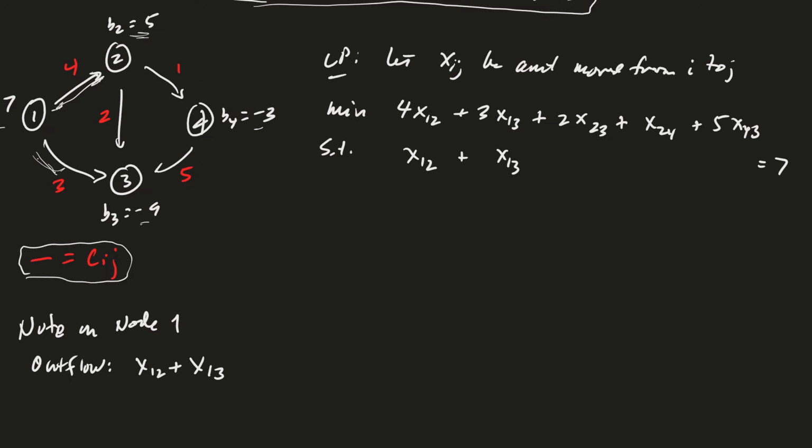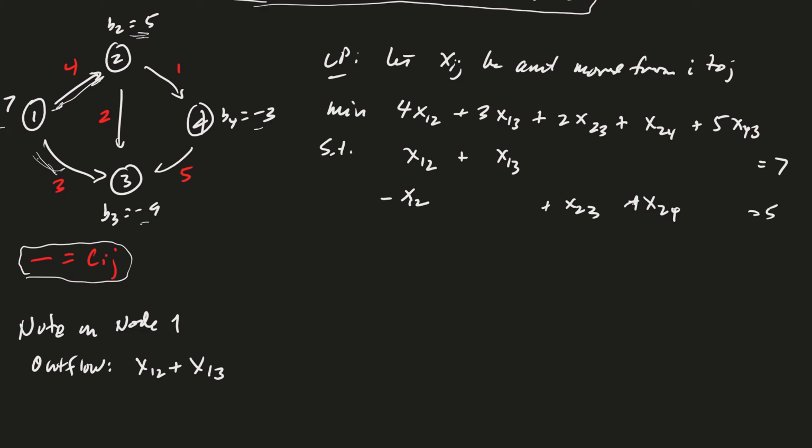Then continuing, what's going to be the constraint for node 2? Incoming is 12, so that's going to be negative. Then outgoing is 24, and then outgoing is 23. And that is equal to 5.